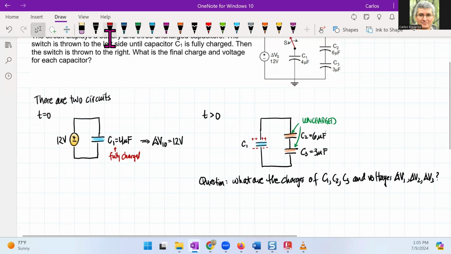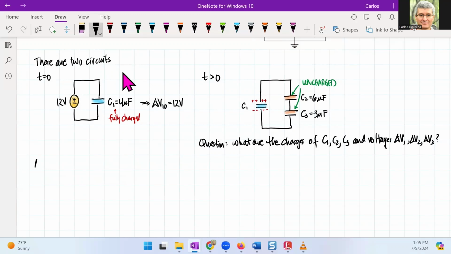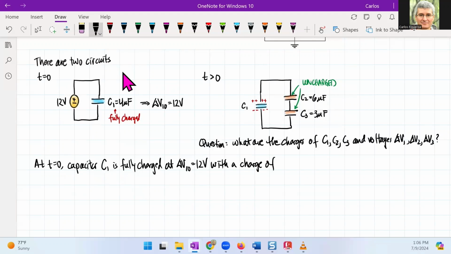So what do I expect? What I expect is something like this. We're going to start off at t equal to 0. At t equal to 0, capacitor C1 is fully charged at V1 initial of 12 volts, with a charge of this guy.